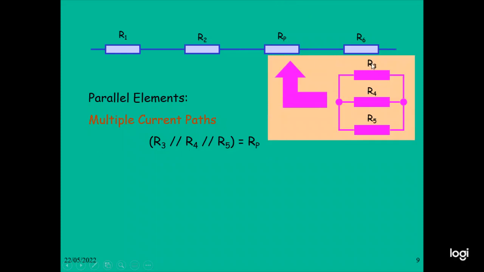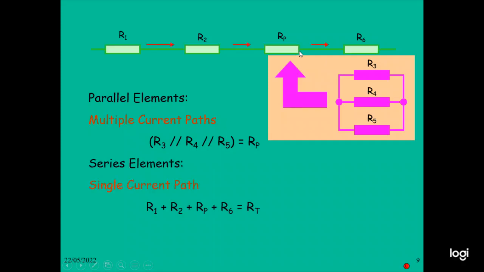R3, R4, R5 by combination you can call RP. The multiple current path R3, R4, R5 in parallel is equal to RP. The single current path is R1, R2, RP, and R6 combination.